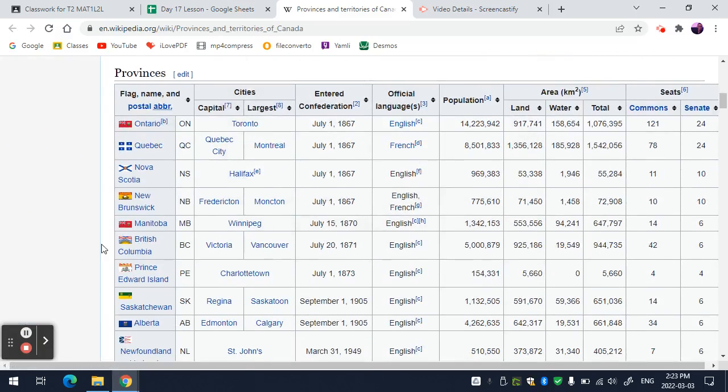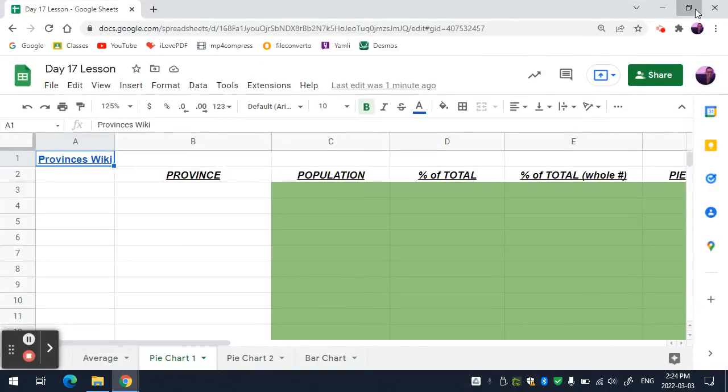So write the name of each province. What I want you to do is, by the way, you can split the tabs.